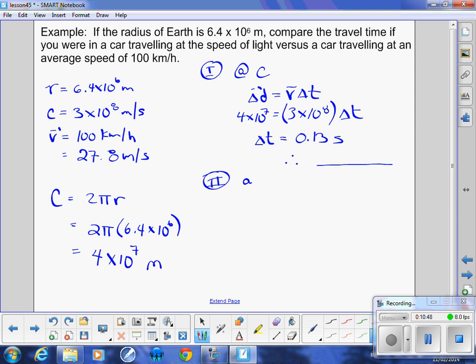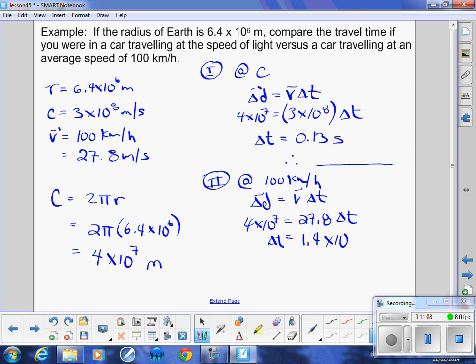Now, what happens if we slow down? What happens if we were at 100 kilometers an hour? Just so you can see how significantly different it is, 4 times 10 to the 7th equals 27.8 delta T. So our time turns out to be 1.4 times 10 to the 6th seconds, which translates to approximately 400 hours.